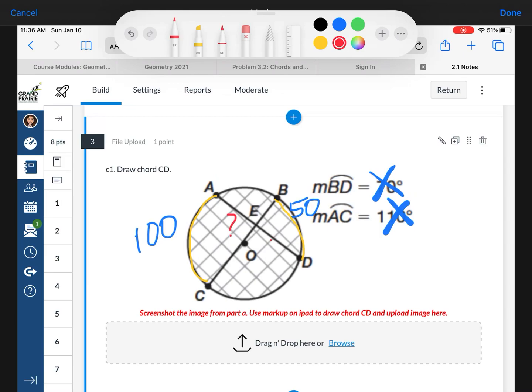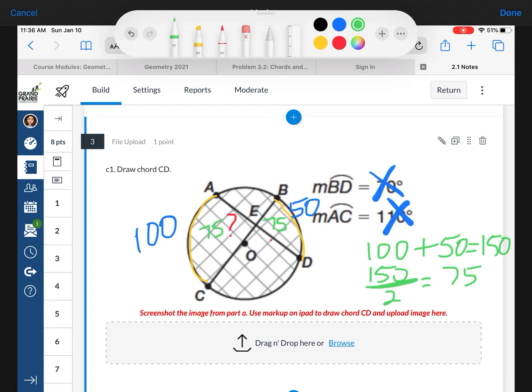Based on the rule we just discovered, all we have to do is add the two arcs. That would give me 150. Then we take the 150 and divide it by 2 to get our answer. So 150 divided by 2 would give me 75. And so the measures here would be 75 and this is 75.